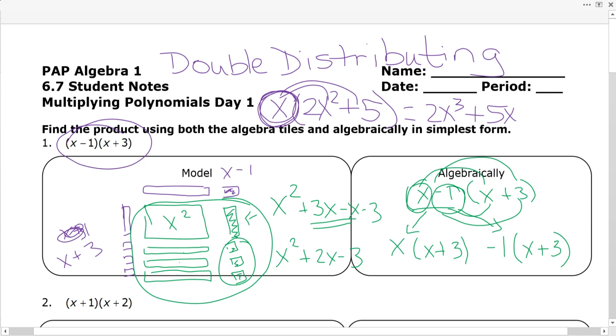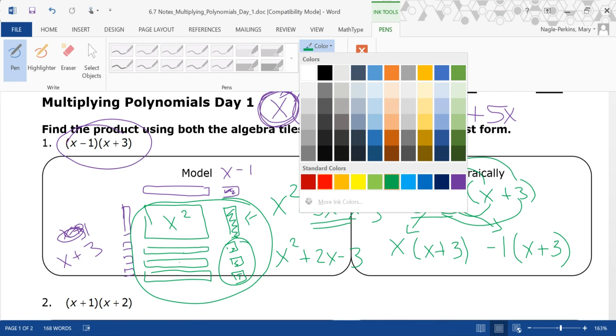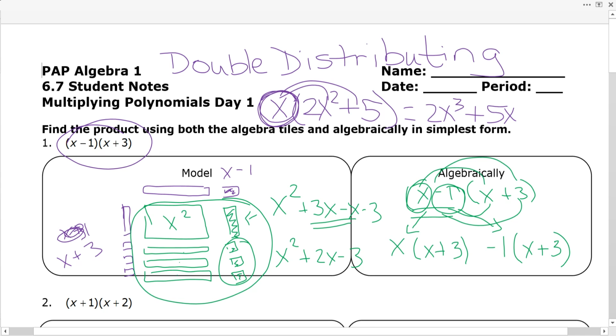So I separated out my x minus 1. I wrote my x plus 3 twice because I'm multiplying it times my first term, and then I'm multiplying it times my second term. So here's my x, here's my minus 1. I'm multiplying each of those separately times x plus 3. So after I distribute, I have x squared plus 3x.